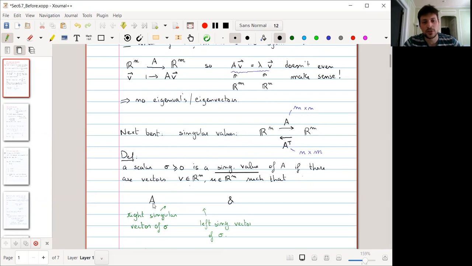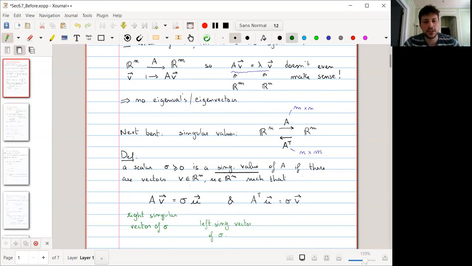So these equations look a lot like eigenvalue equations. A times v has to be equal to sigma times u. And we also require that A transpose of u is equal to sigma times v.